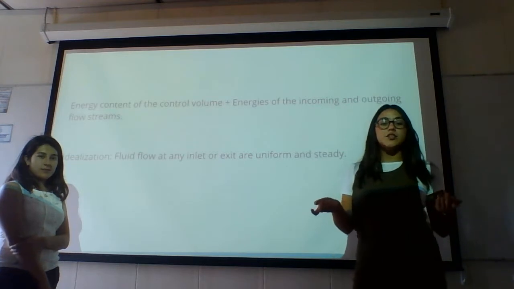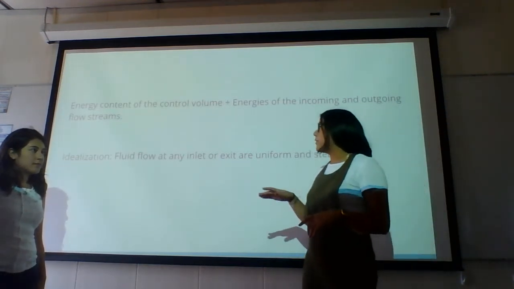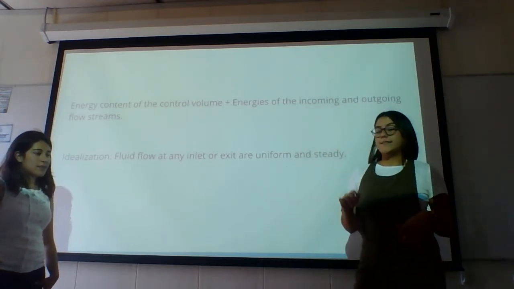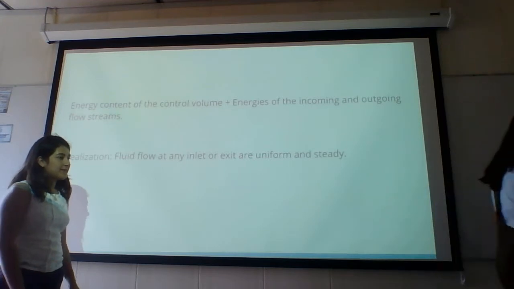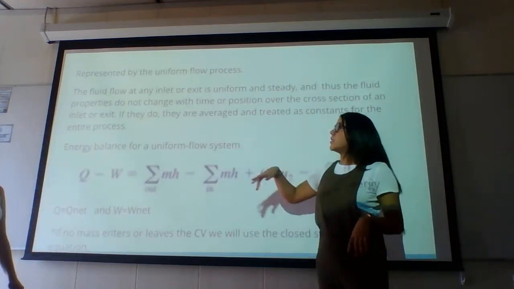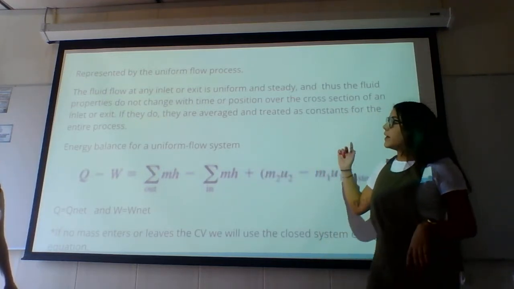We have an idealization in these cases, and we're going to assume that it's a uniform fluid flow at any inlet or outlet. This is what I was saying before, also that of the idealization over the cross section of an inlet.